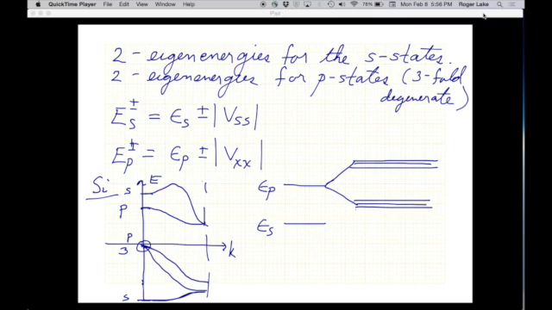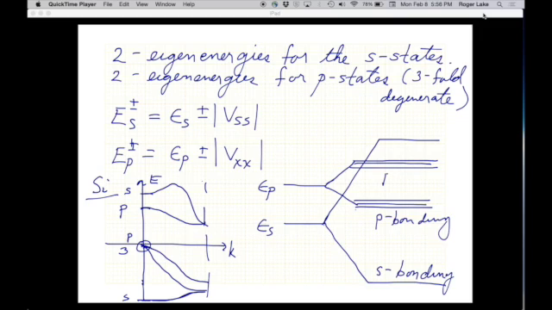And the s splits like this, and this is your s bonding, p bonding, your p antibonding, and s antibonding.